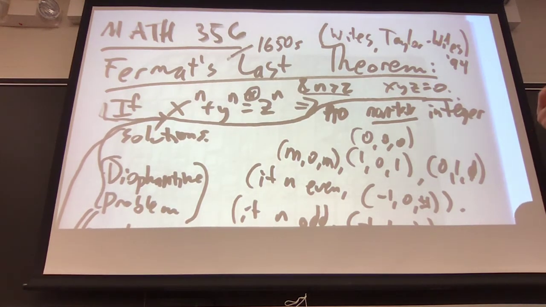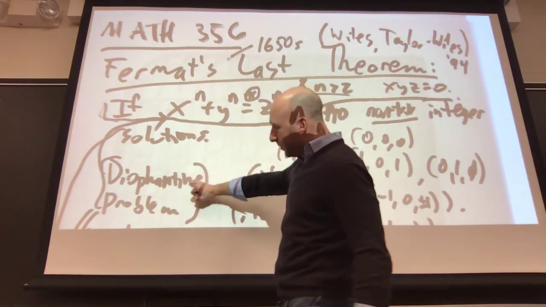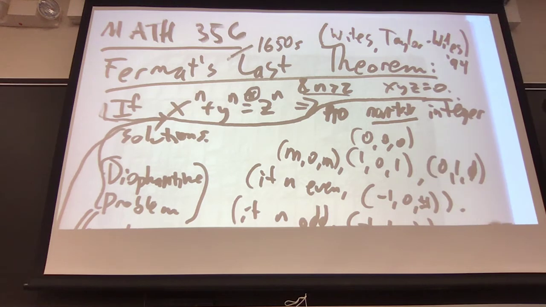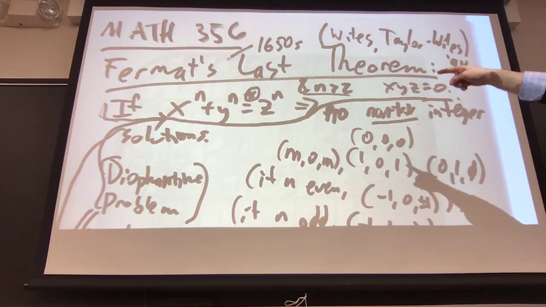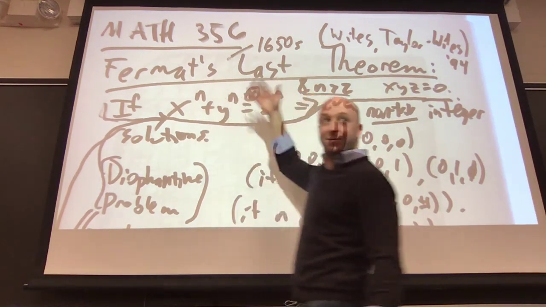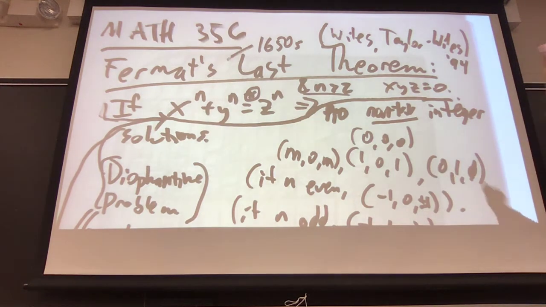He saw the statement of the Pythagorean theorem and Diophantus's study of the solutions to the Pythagorean theorem. In other words, when n is equal to 2, there are lots of solutions, as we already discussed. And he wrote in the margin of Diophantus's book all kinds of fascinating discoveries that he made that nobody had made previously.